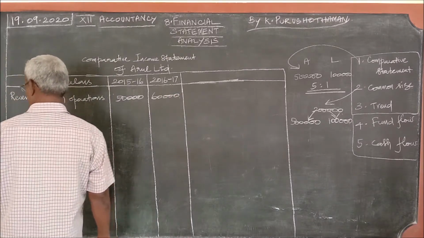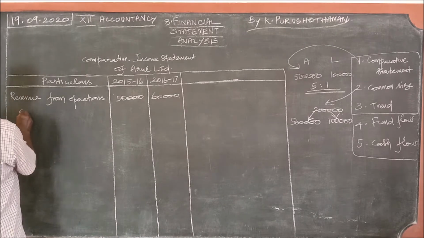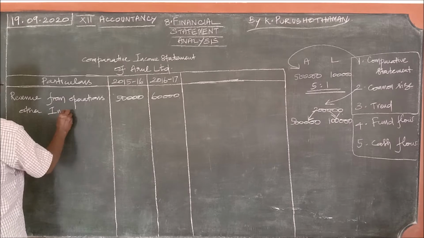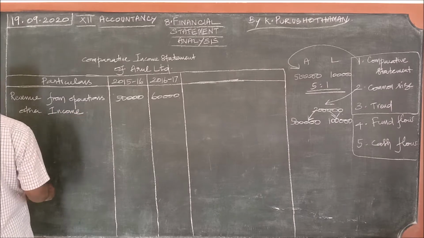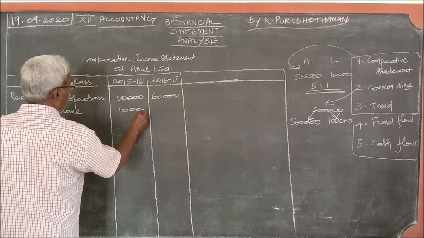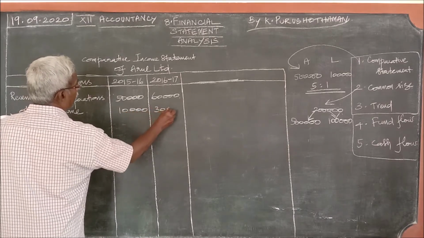And the next item, other income: 10,000, 30,000.